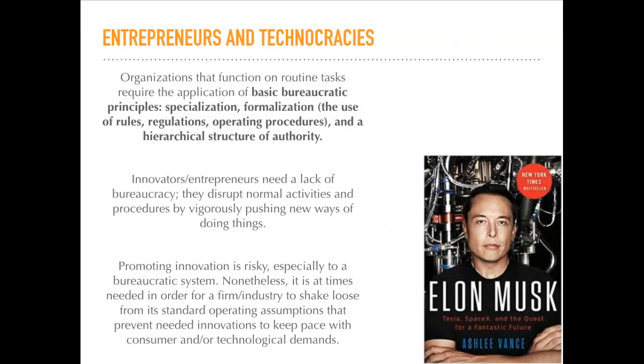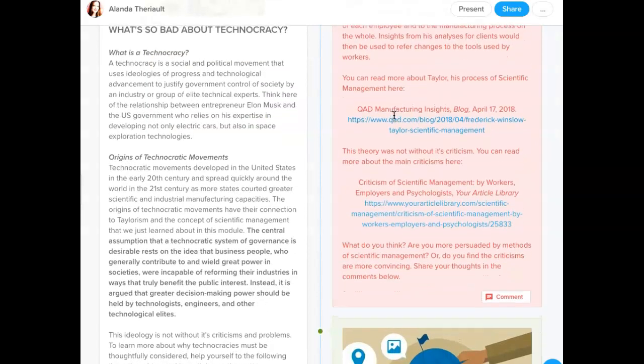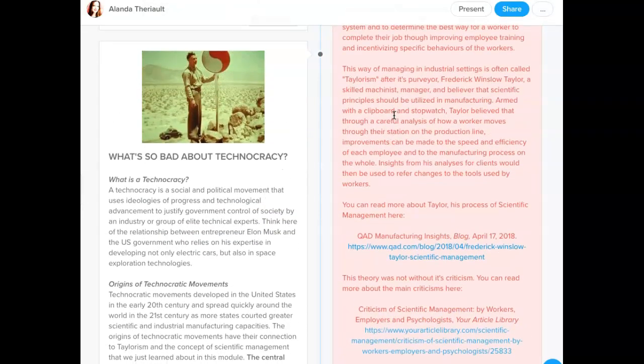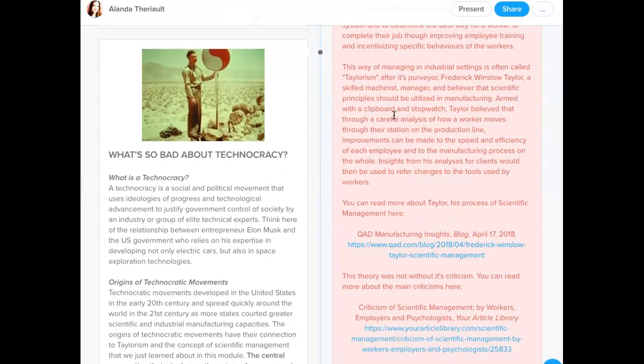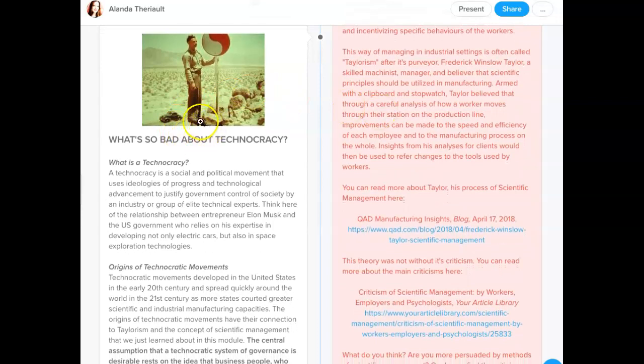So, yeah, I just wanted to sort of direct your attention to our notebook, where there is a section about technocracy and sort of the role that entrepreneurs play in technocratic movements.